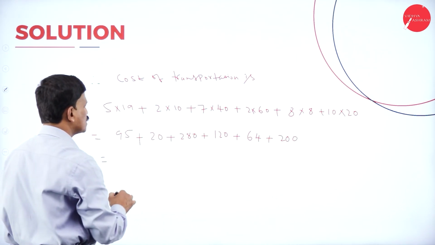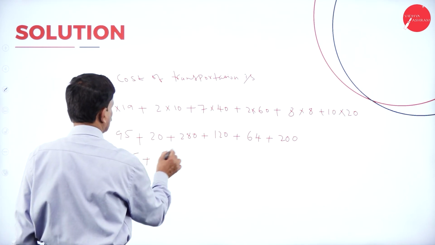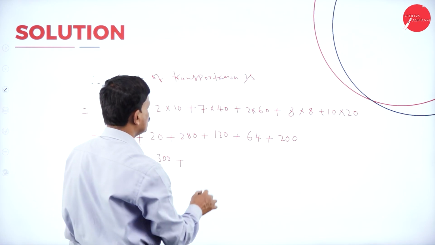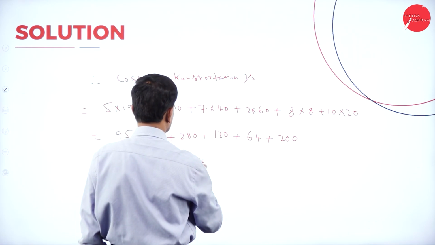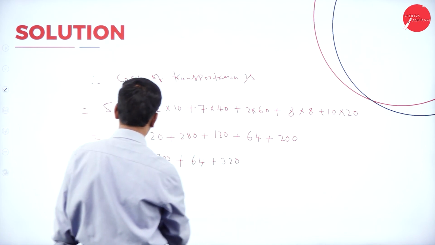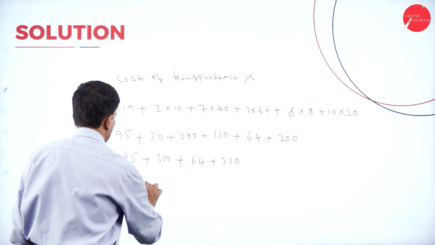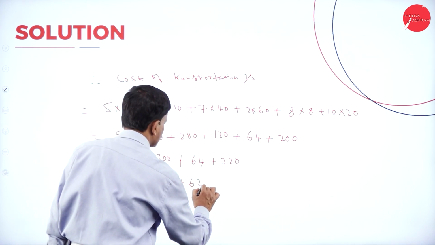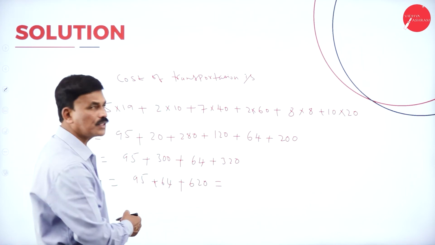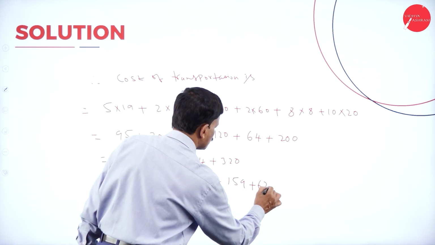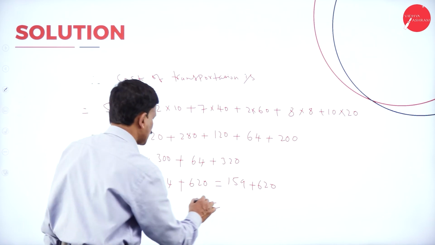Simplify this. So this is 95, 280 plus 20 is 300, plus this is 64 as it is, plus 120 plus 200 is 320. Now add this. So 95 plus 64 plus 620. This is equal to 95 plus 64, 159, plus 620, 779.